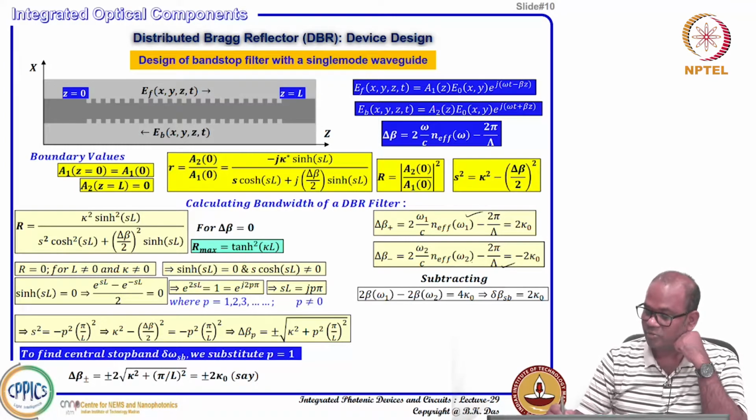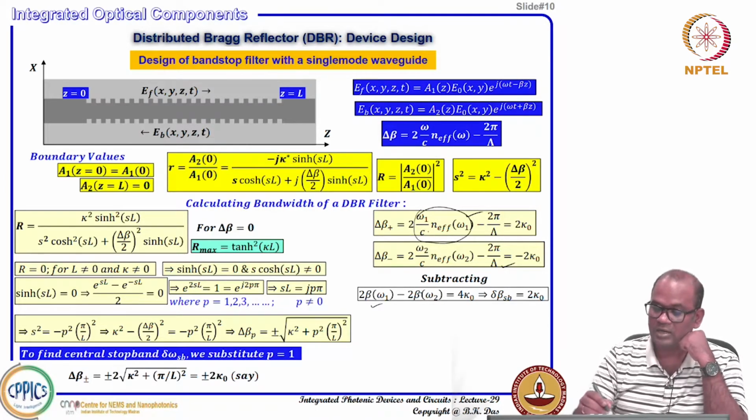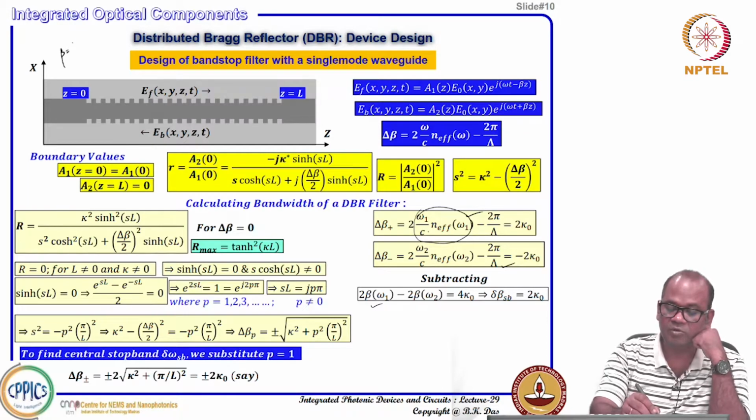Okay. So, if you subtract, what are you supposed to get? Omega by c times n effective, that is beta; we have written 2 times beta at omega 1 minus 2 times beta at omega 2. Earlier we defined again and again beta equal to omega by c times n effective.